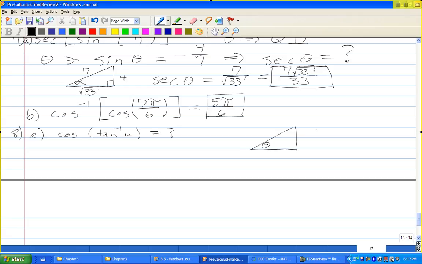So tangent of theta should be u. So this is just radical 1 plus u squared.